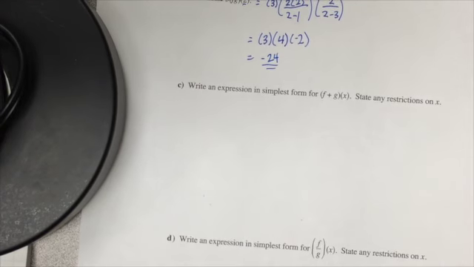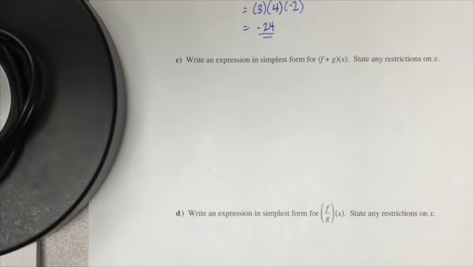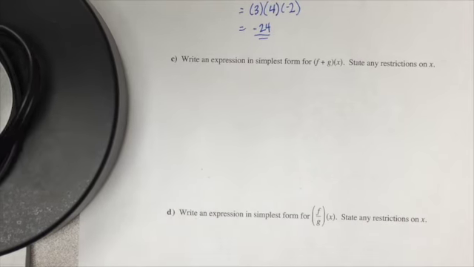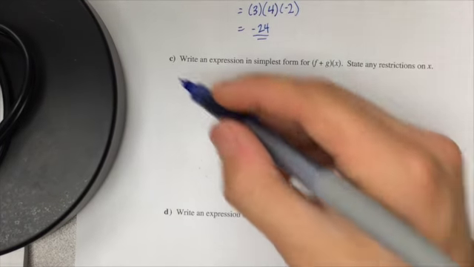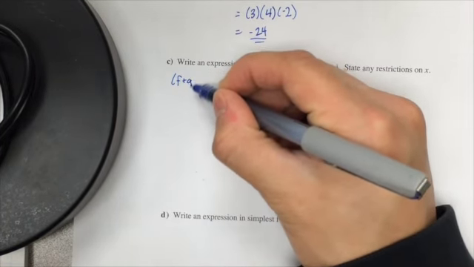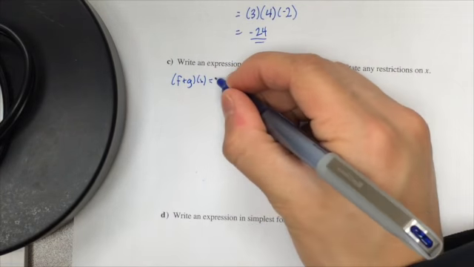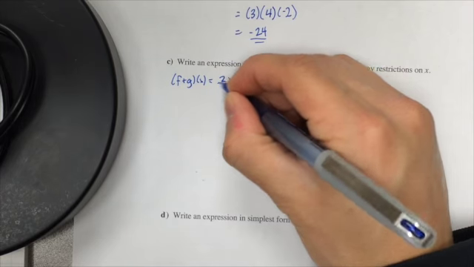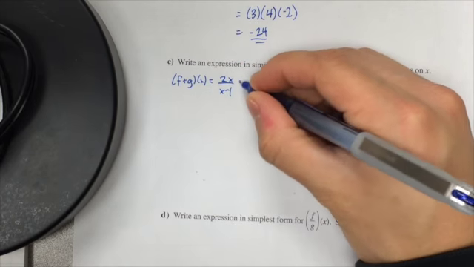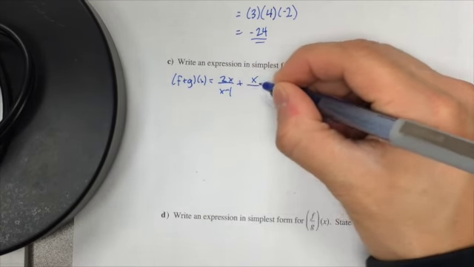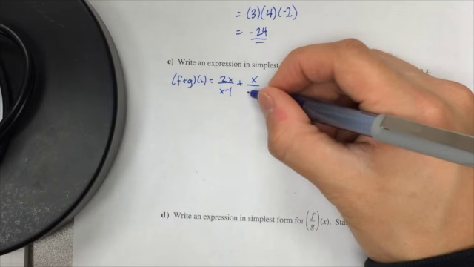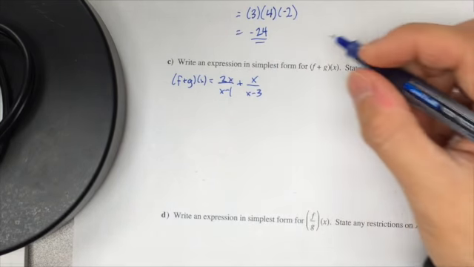Now write an expression in simplest form for f plus g of x, and then state any restrictions on x. So what we're doing is f plus g of x. I know that my function f was 2x over x minus 1, plus g of x, which is x divided by x minus 3.